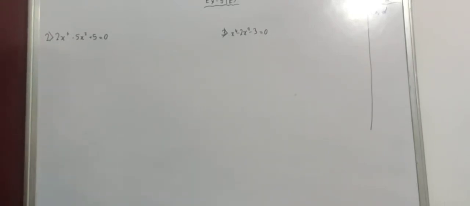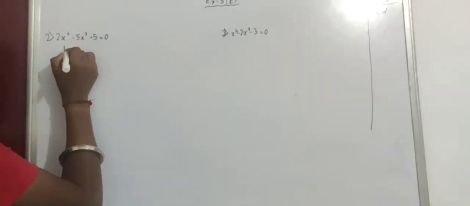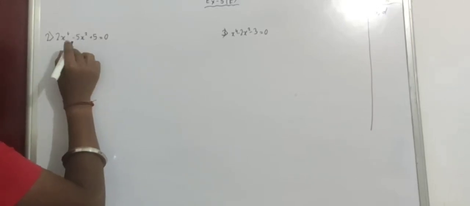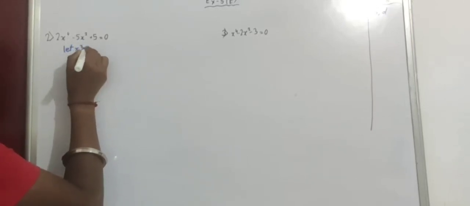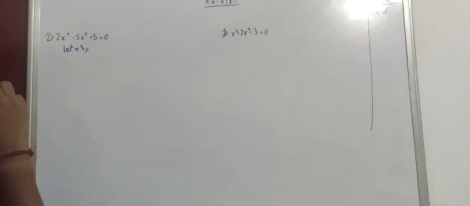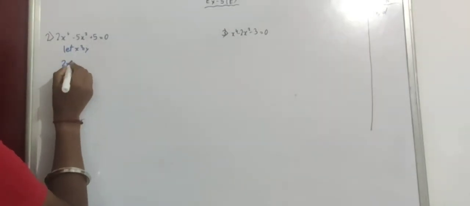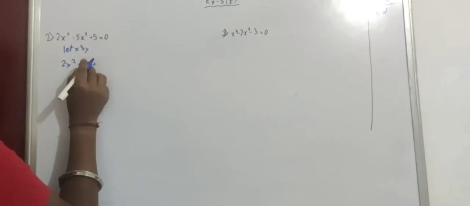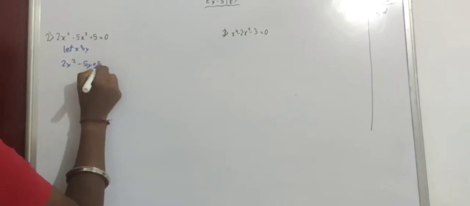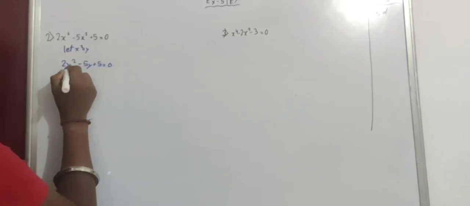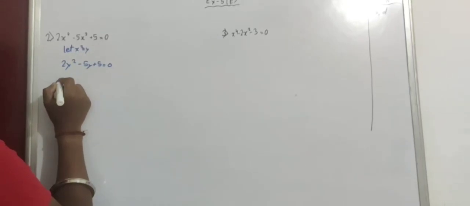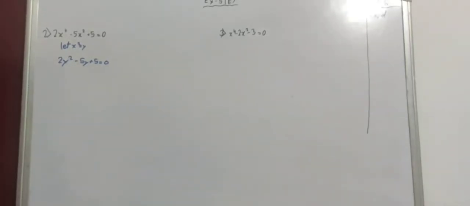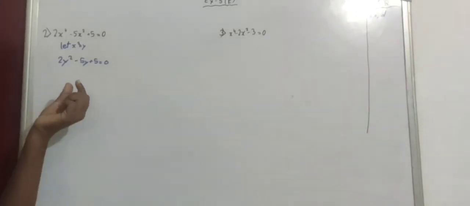Here in the question, the hint is given as let x square is equals to y. So you have 2y square minus 5y plus 5 is equals to 0. Using the middle term split, it will be easier because that's a smaller number.